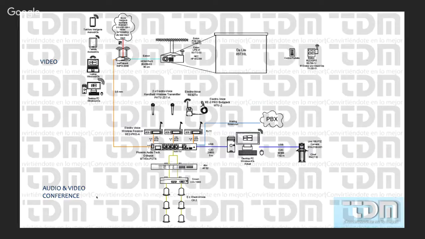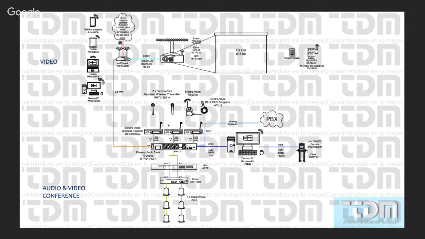What happens when we want to have an audio conference? Really easy. We use the same system. We connect our mixer, the Phoenix Audio Technologies Octopus, to an analog extension, and we dial out or we dial in through it, and we use it the same way.